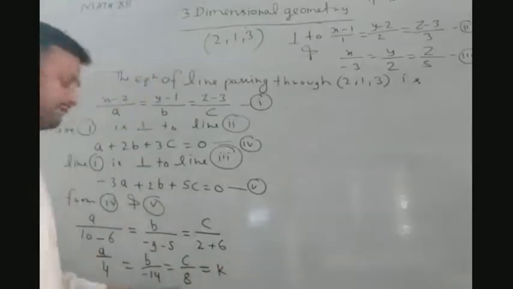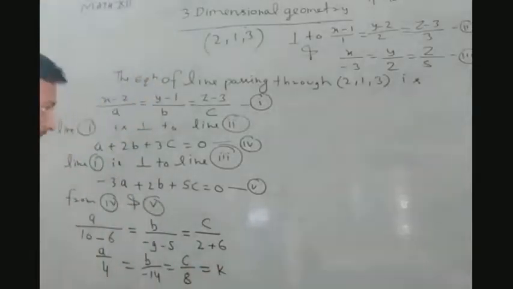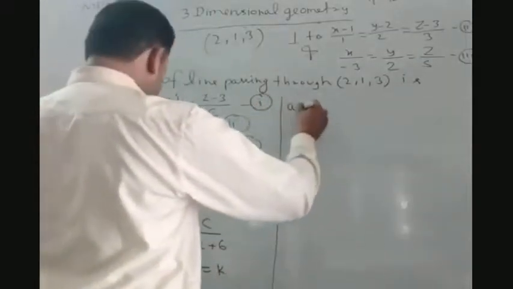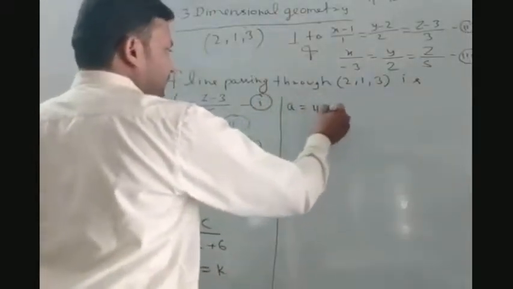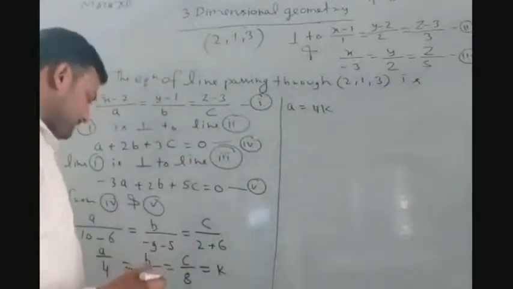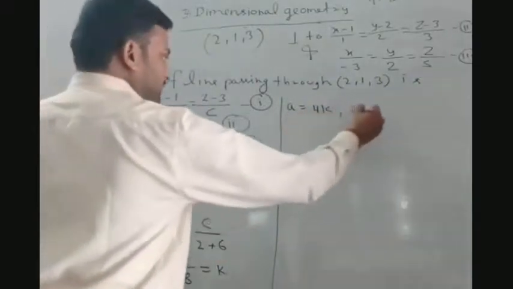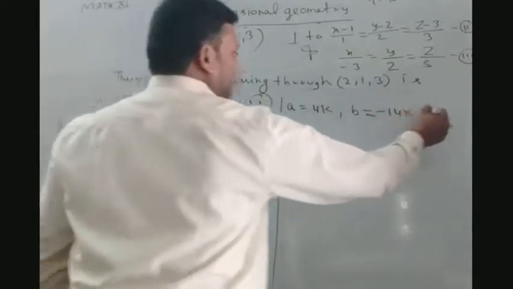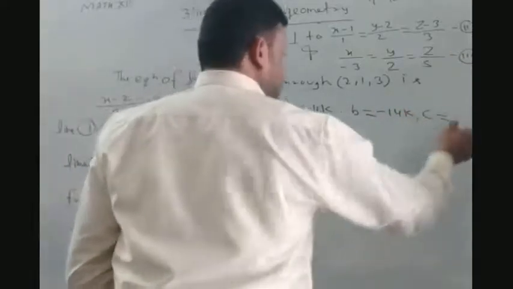So our a will be equal to 4k, and b will be equal to minus 14k, and c is equal to 8k.